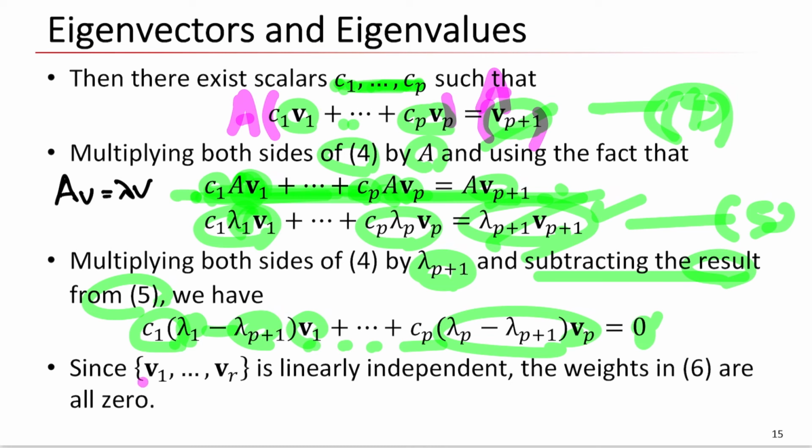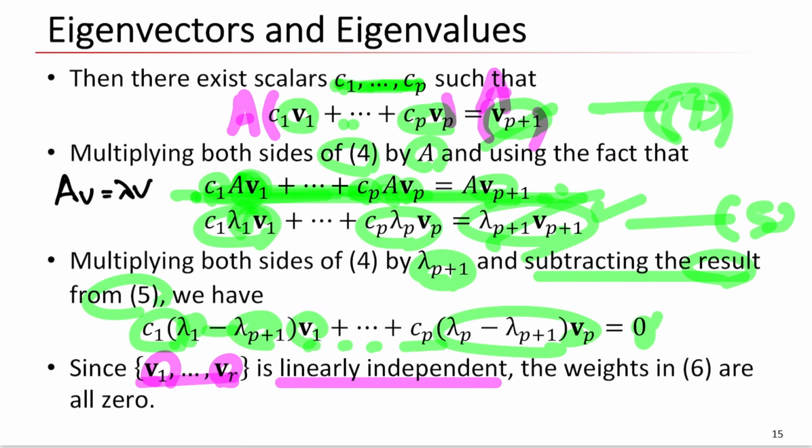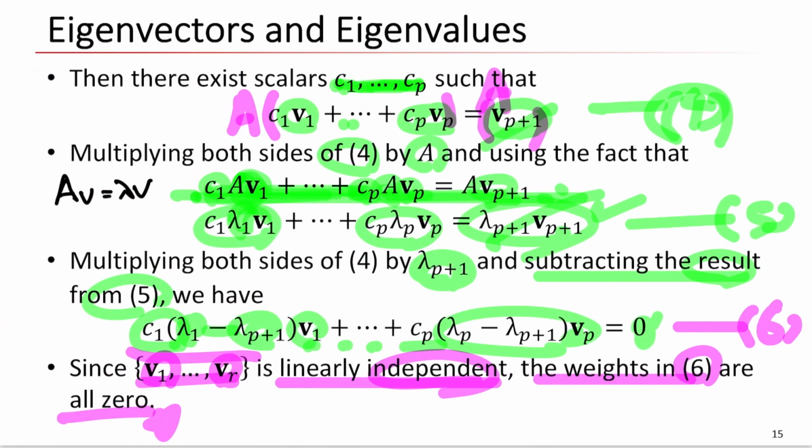We already know v1 through vp are linearly independent, because v(p+1) is the first index that can be generated with a linear combination. Let's say this is equation 6. The weights in equation 6 are all 0, because this is the definition of linear independence.